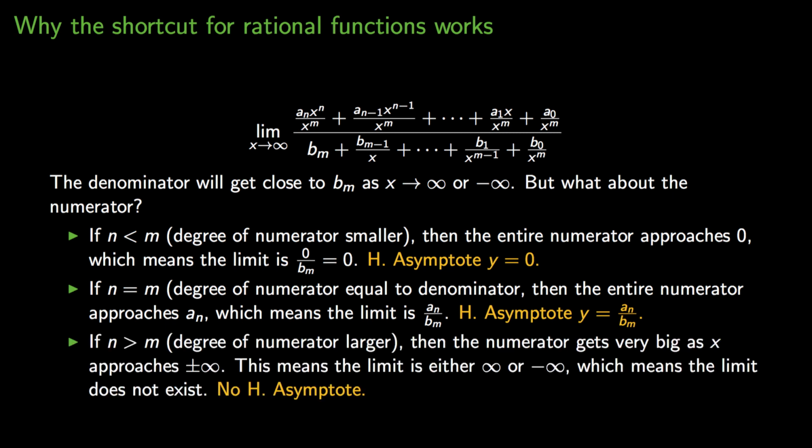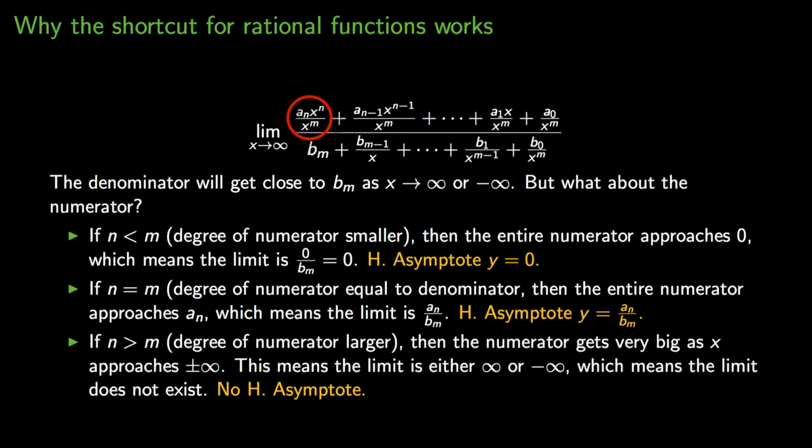And finally, if n is greater than m, which means the degree of the numerator is higher, that means that the numerator gets very big as x approaches positive or negative infinity. Why? Because with this very first term, you notice that there are going to be more copies of x on top than on bottom, right? Because n is higher.